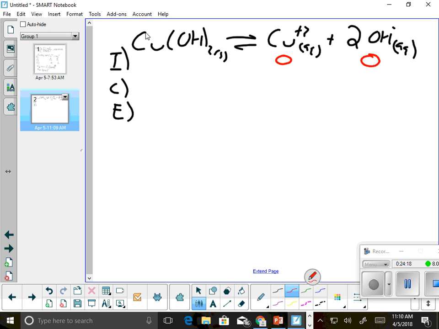If I were to set up an ice table, initially, again, before I start adding any of that copper 2 hydroxide to the water, there's no copper ion or hydroxide ion present.